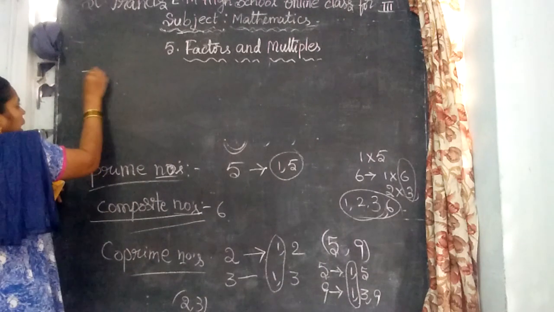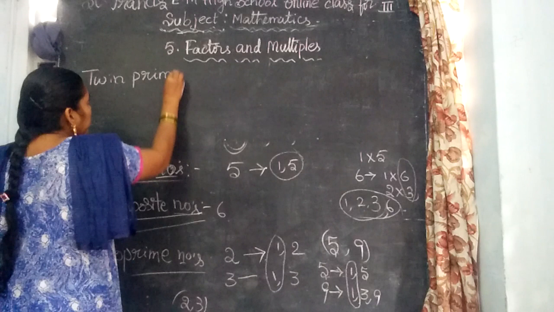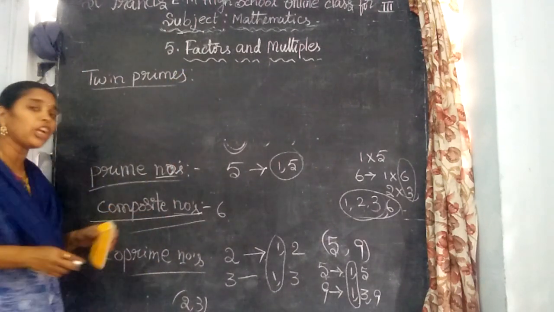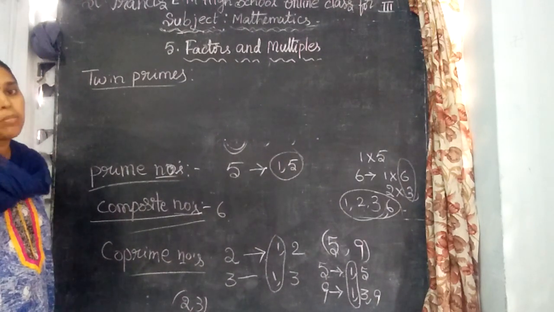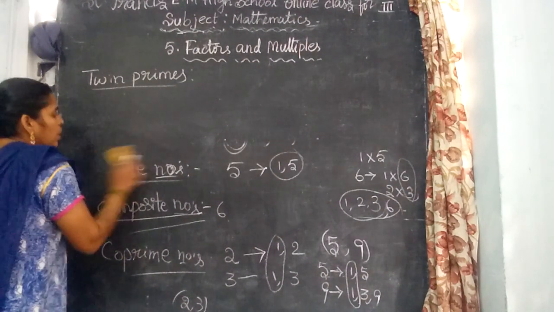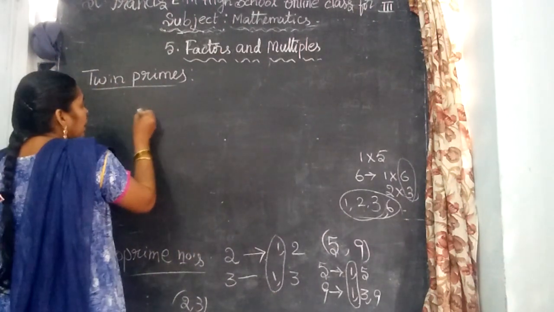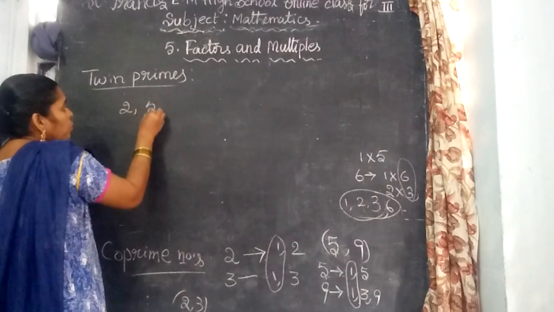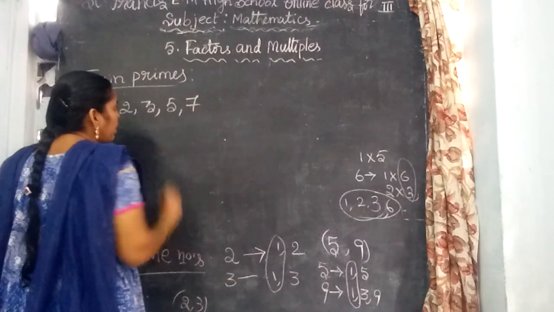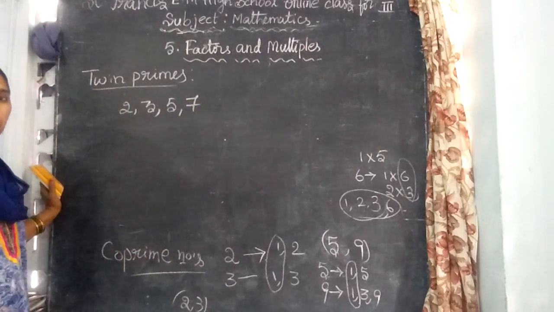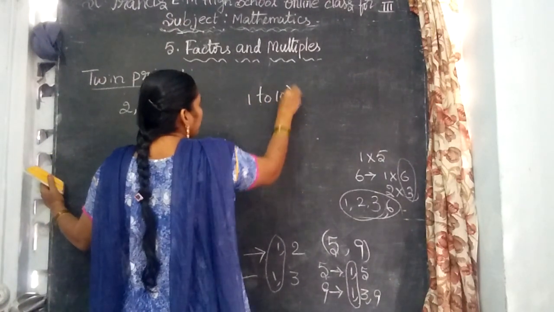Next, twin primes. Twin primes means take any two prime numbers, their difference must be 2. Then those numbers are called twin primes. For example, you know that 2, 3, 5, 7 are the primes between 1 to 10.